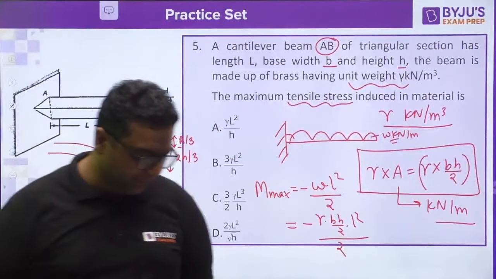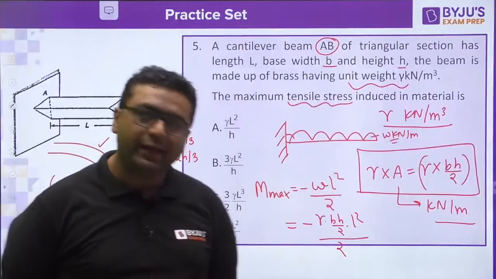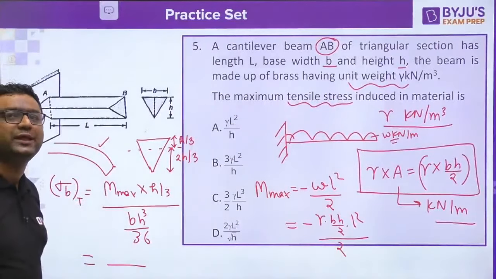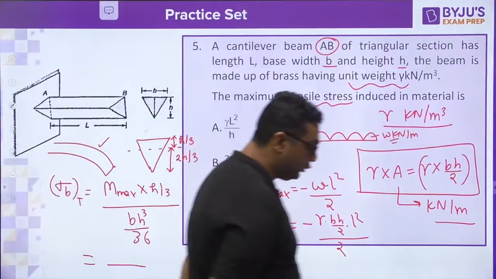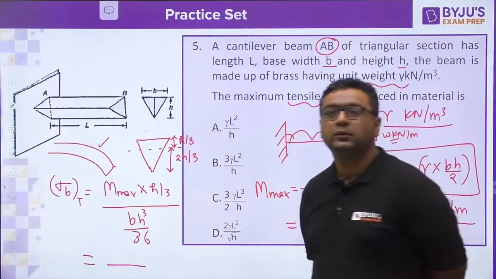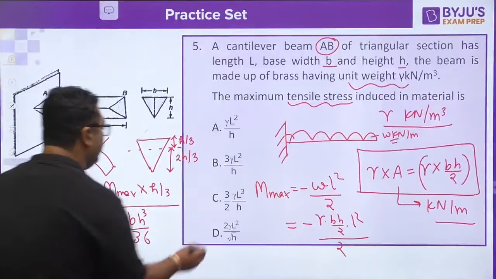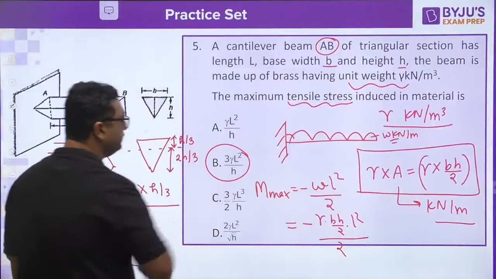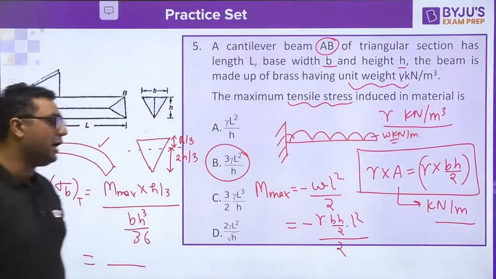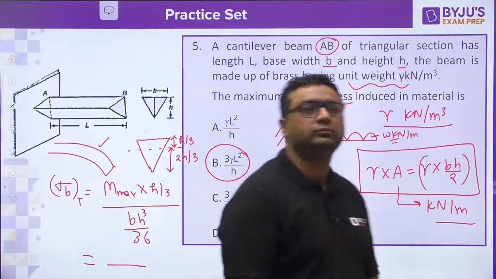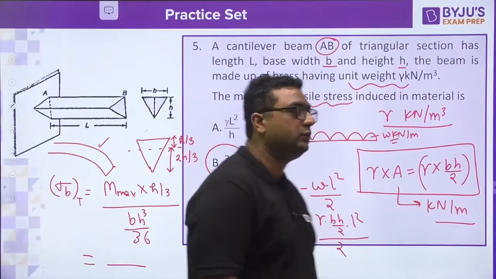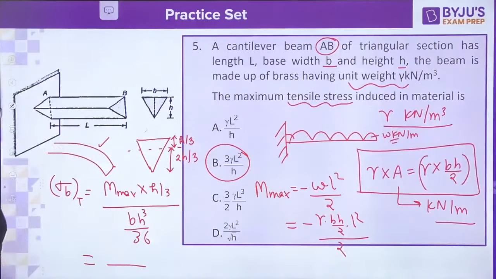Parvinder is saying answer to be B. And yes, Rama Teja is also saying B. Manipal is also saying B. And guys, yes, the answer is going to be B only. 3 gamma L square upon H.